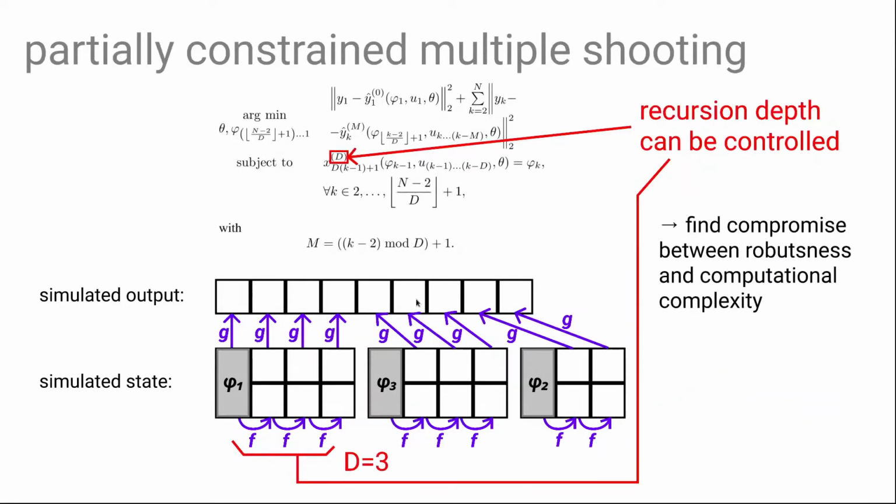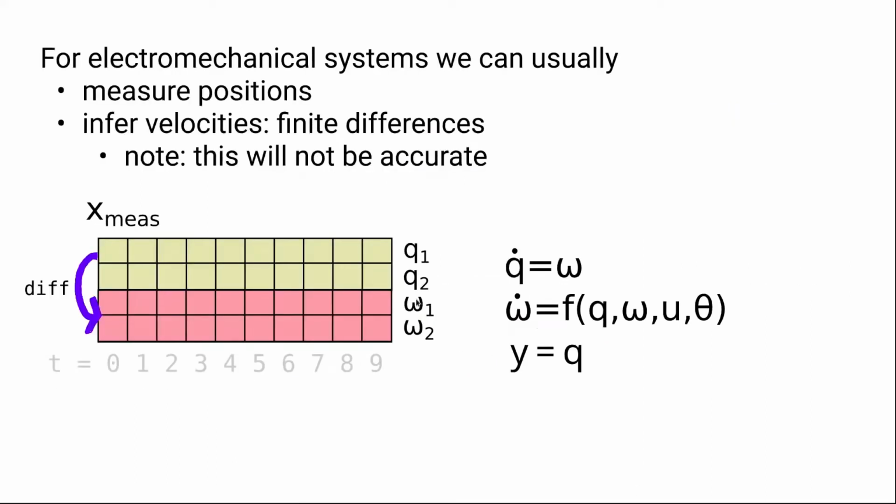And there's a formulation called partially constrained multiple shooting where the recursion depth can be controlled, so it allows us to find a compromise between robustness and computational complexity. The fourth formulation is based on that.